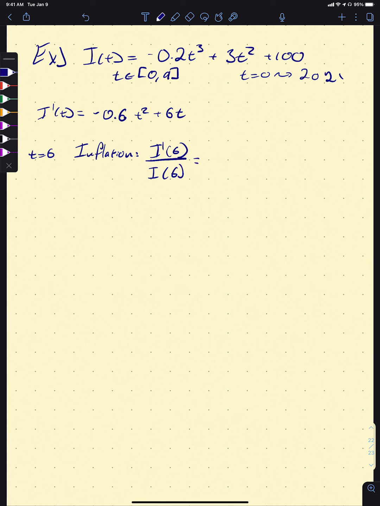When you work this out, I prime of 6 comes out to 14.4, and I of 6 comes out to 164.8. It's going to give us approximately an inflation rate of 0.0874, so about 8.7%.